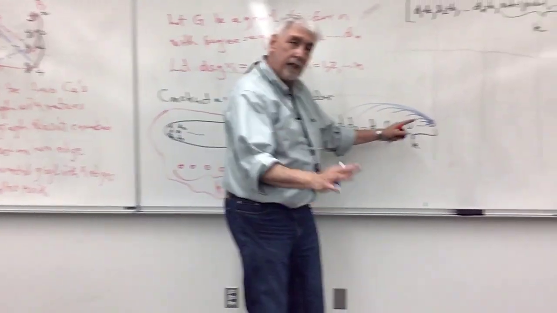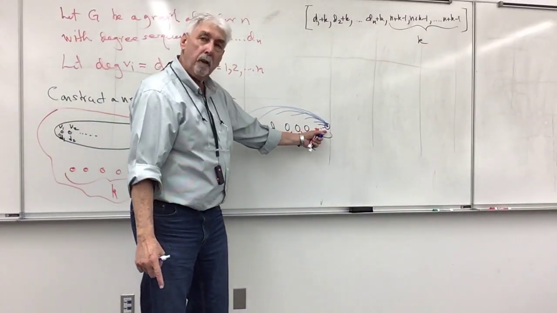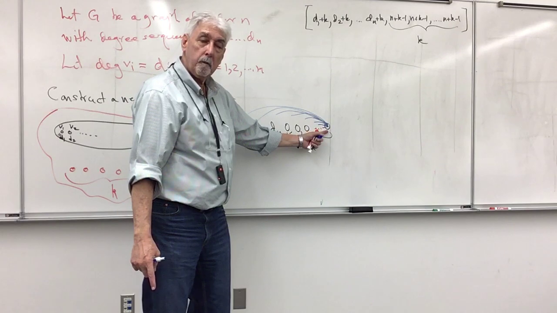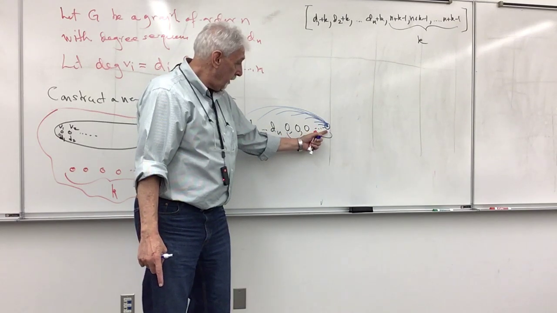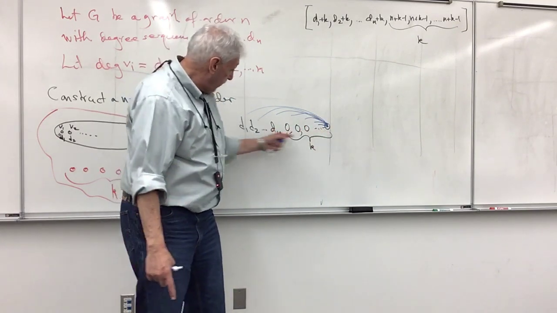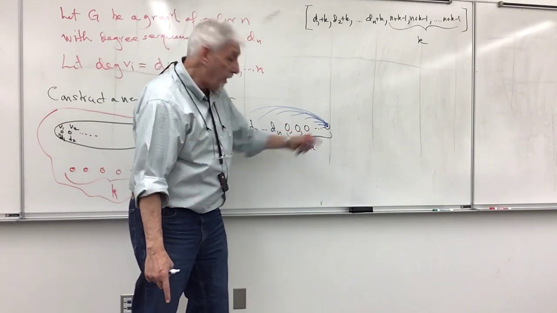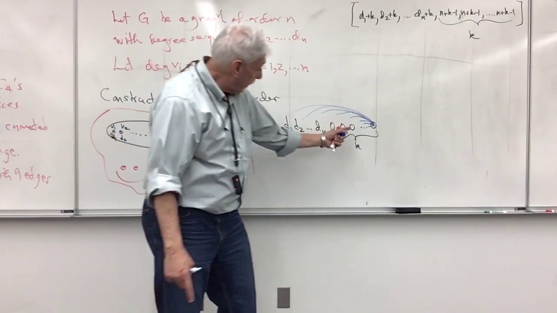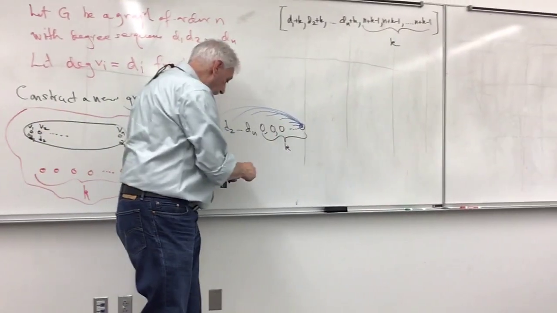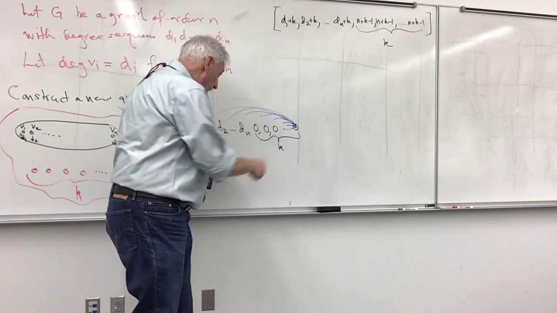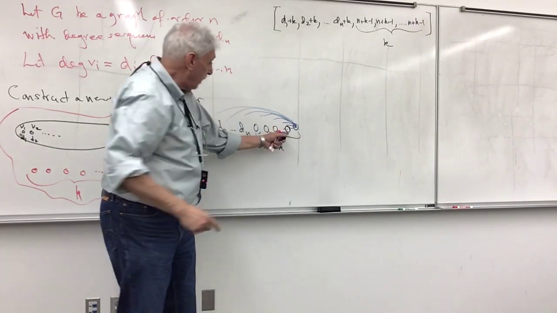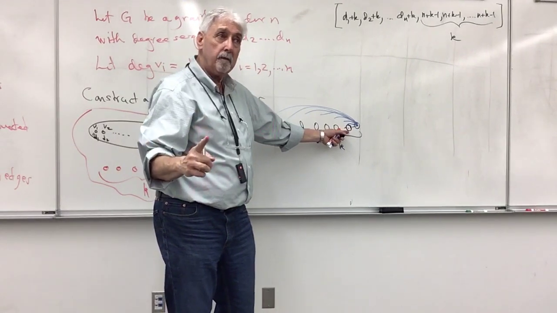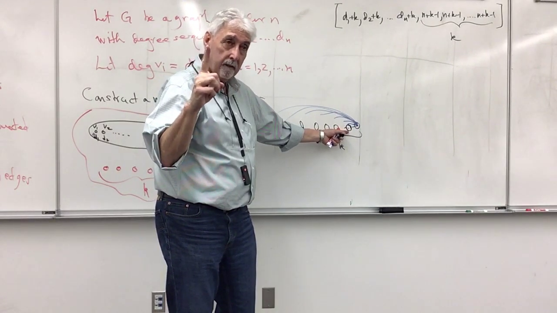Okay, so let me stop at this point. The degree of this point is what? K plus N minus 1. At this point it is n plus k minus 1. Let me put in another point just for symbolism. What's the degree of this point right now? 1.